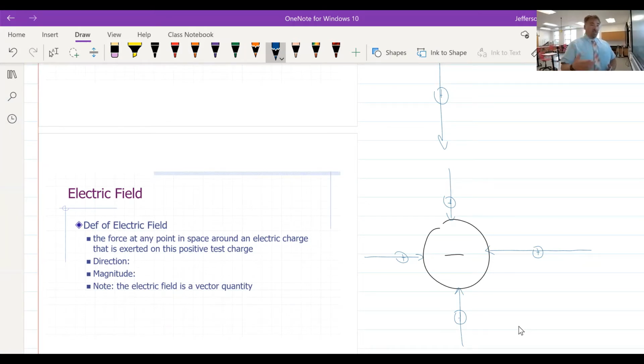If you're looking at a negative, it's actually going in the opposite direction. Okay, so we can say that the direction of the electric field is the direction that a positive charge would move. We're going to define it all in terms of that.